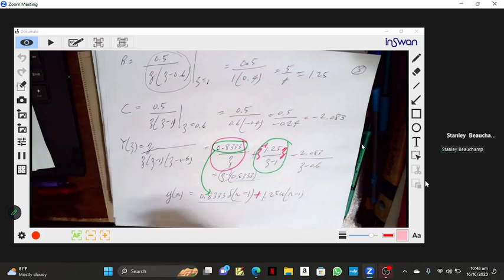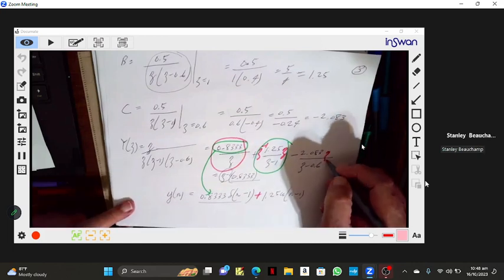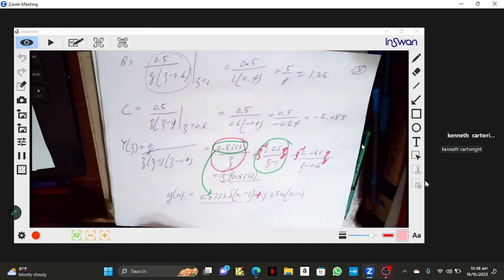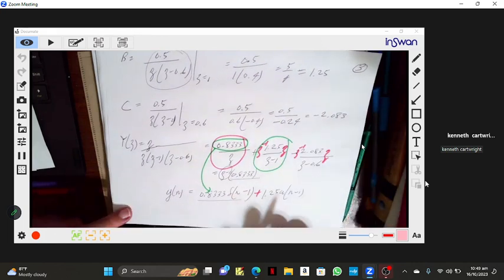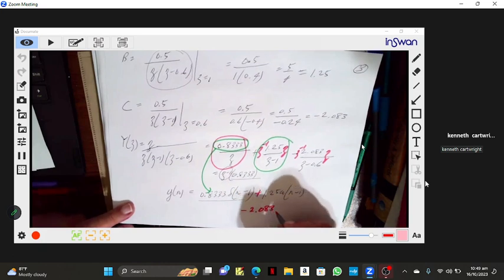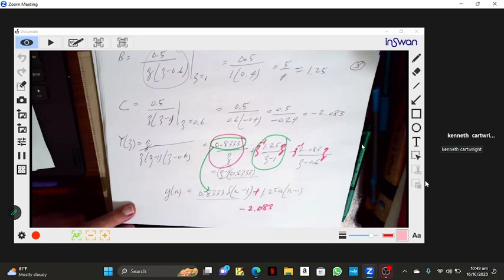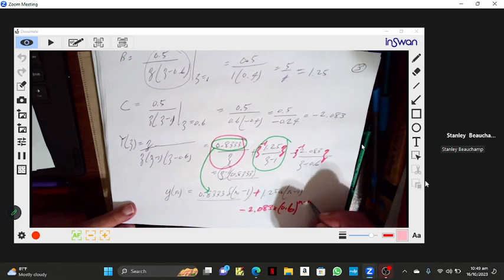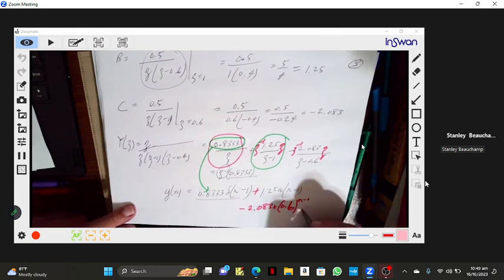And the next one is the 1 over z. This would be z to the negative 1. So the next one is negative 2.083, and then open bracket 0.6 to the n minus 1, u of n minus 1.